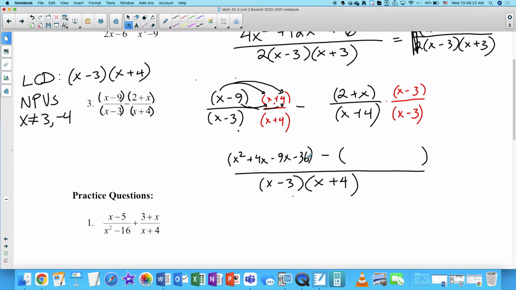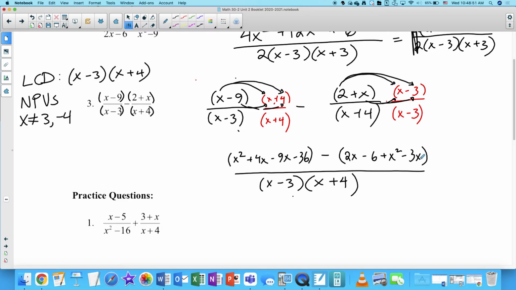And then here, if you want to, by the way, you could write this as x plus 2. Some people like that format. But at the end of the day, you're still going to get the same answer. So 2 times x is 2x. 2 times negative 3 is minus 6. And then x times x is x squared. X times negative 3 is minus 3x.